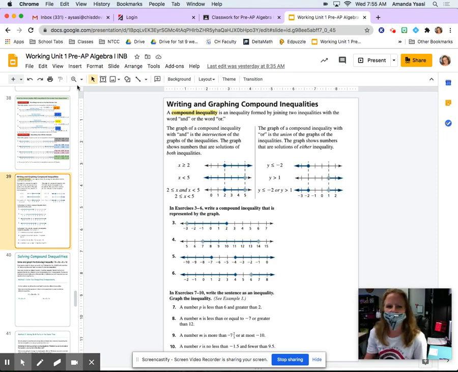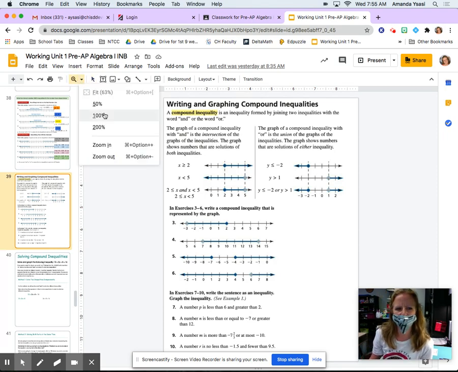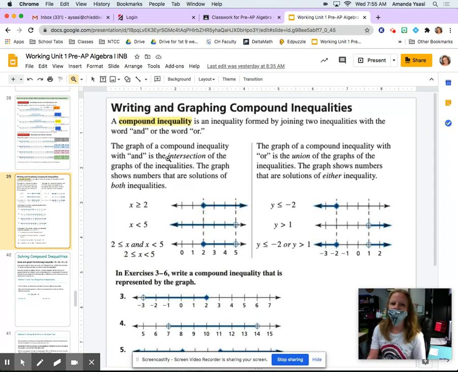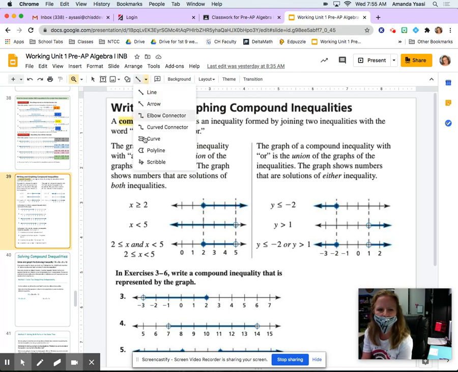This is called the intersection. I'm going to zoom in a little bit. The graph of a compound inequality with "and" is the intersection of the graphs of the inequalities. So instead of writing "and," let me show you, let me do a little scribble.